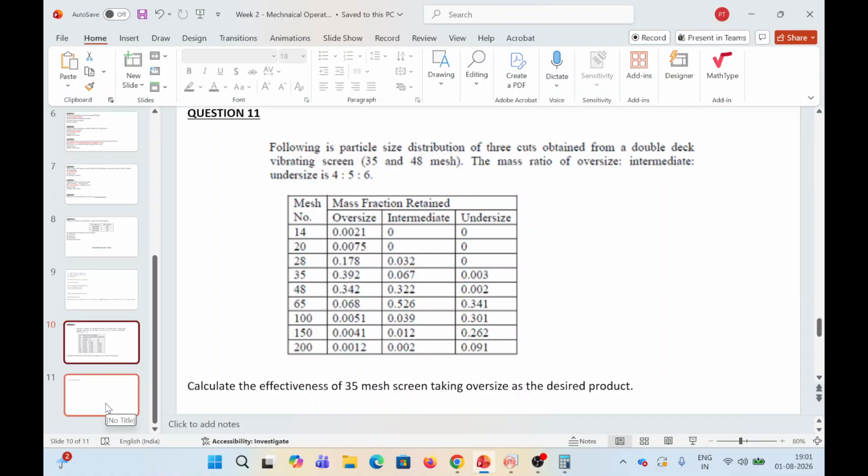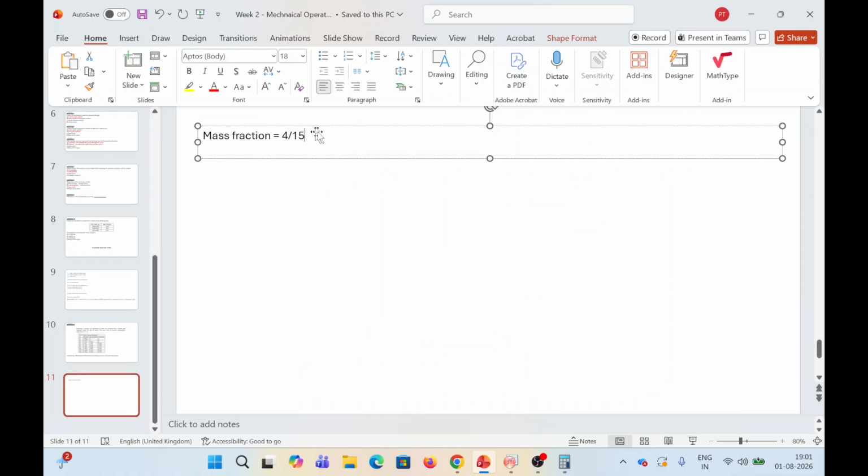For the intermediate, it's going to be 5 by 15, and for the undersize, it's going to be 6 by 15.